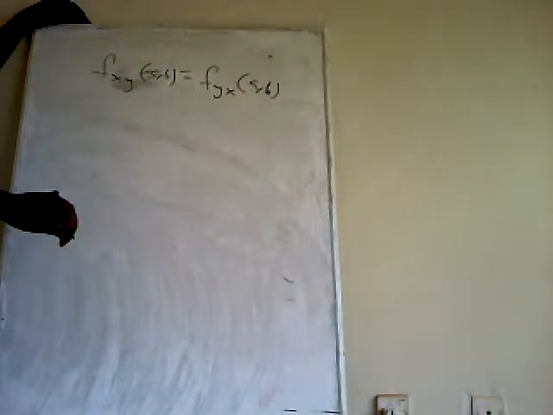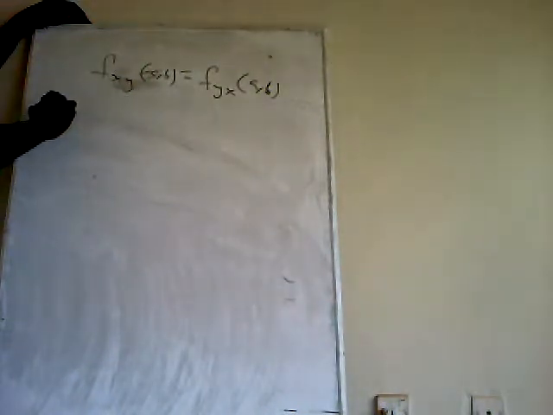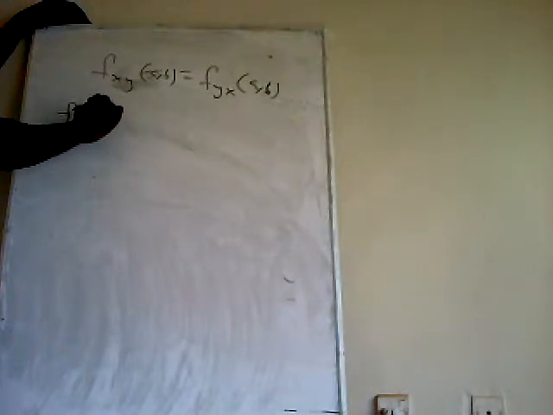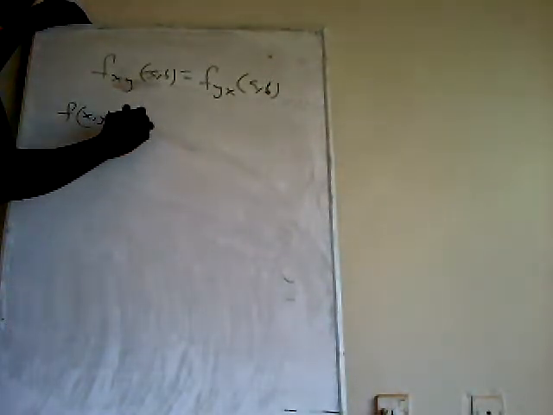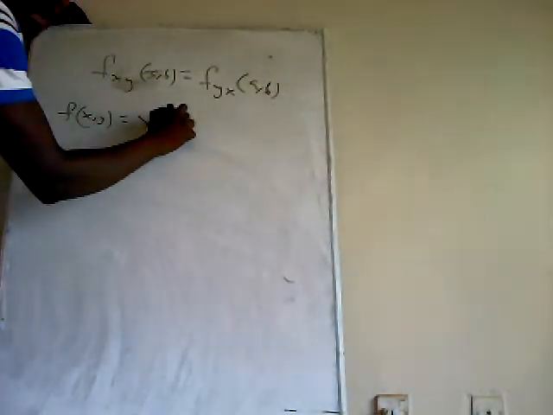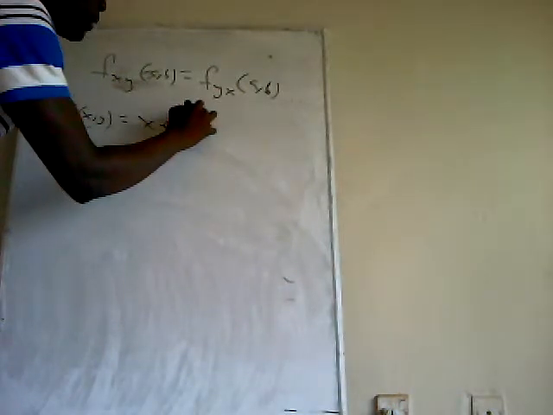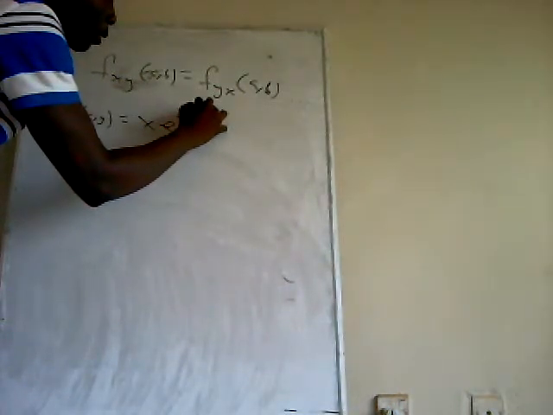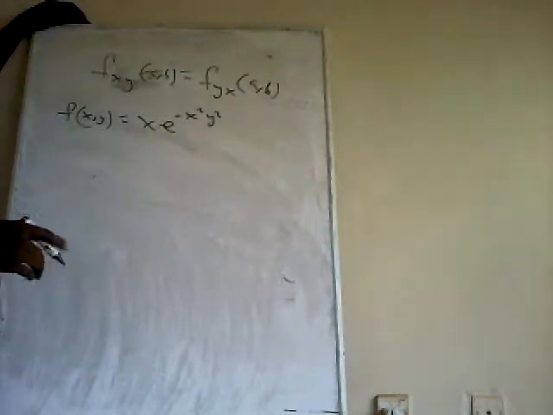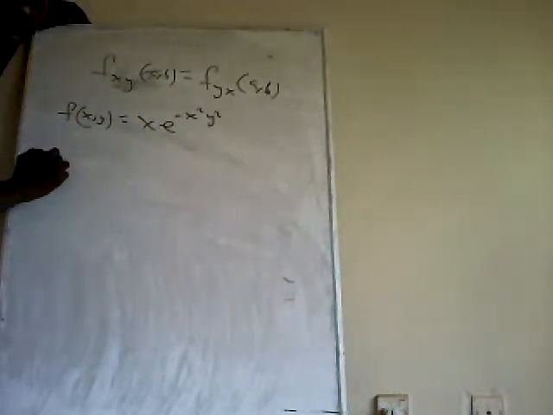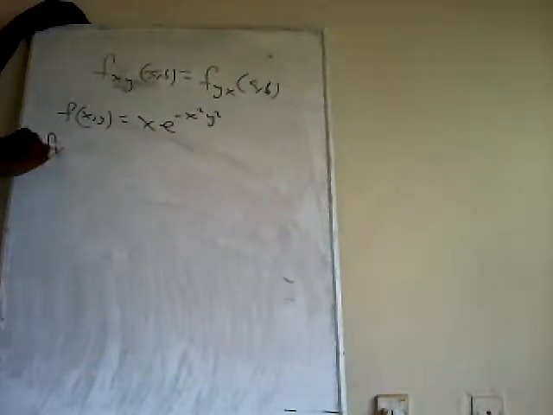Okay, let's take an example. If you have f of x, y equal to x e to the minus x squared y squared, then we want to verify Clairaut's theorem. So we find fx.